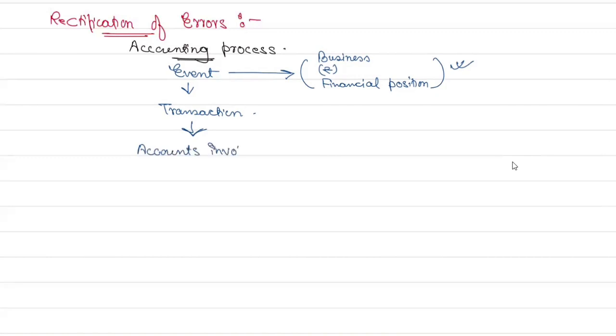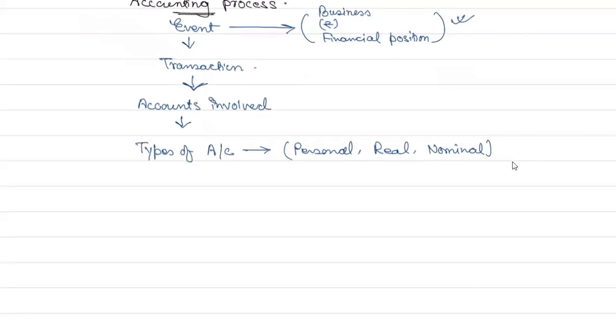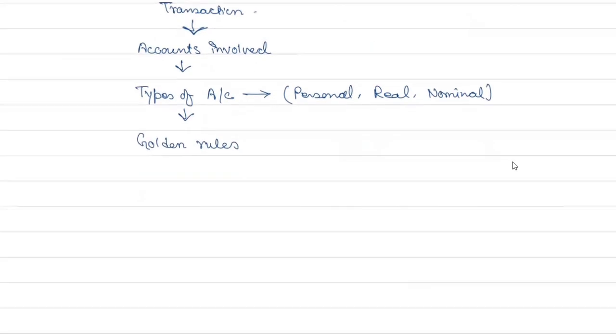Then, after we come to know what the accounts are, we'll classify which type of account it is, whether it is personal, real, or nominal. Once we identify the type of account, we'll apply the golden rules, and with the help of golden rules, we'll pass the journal.